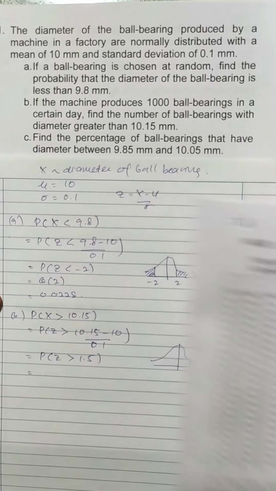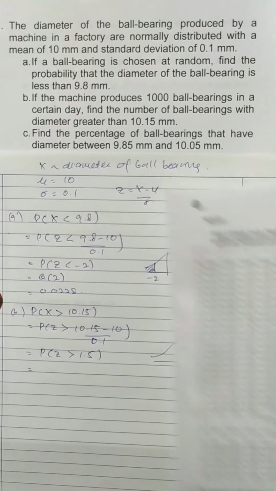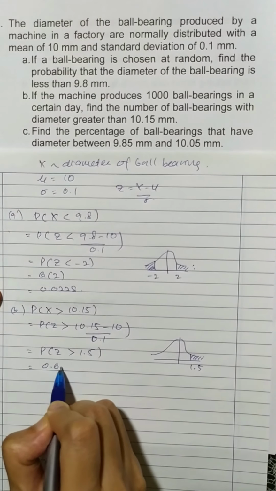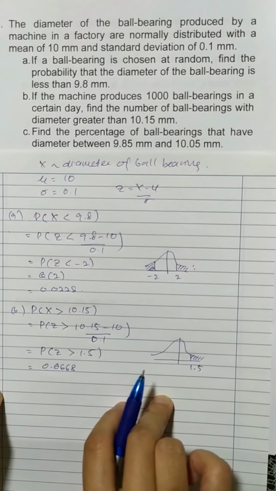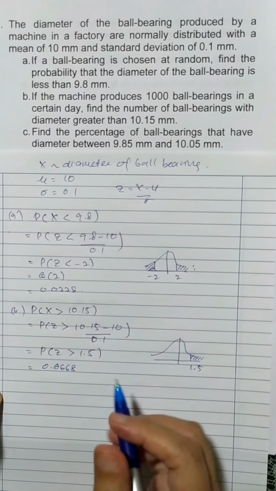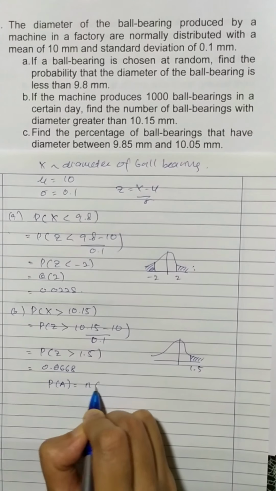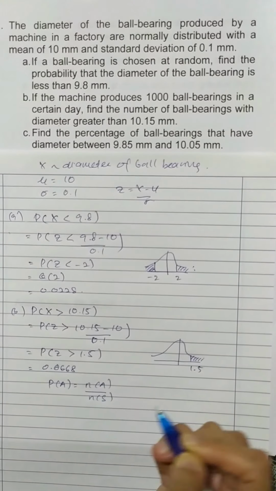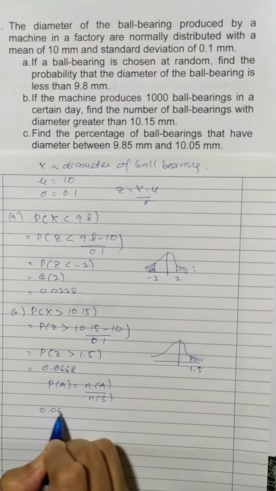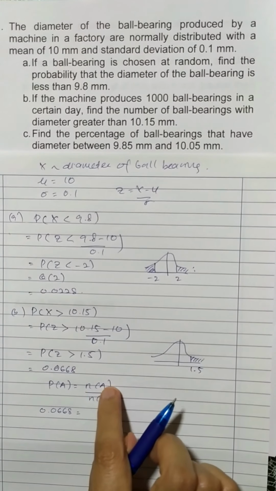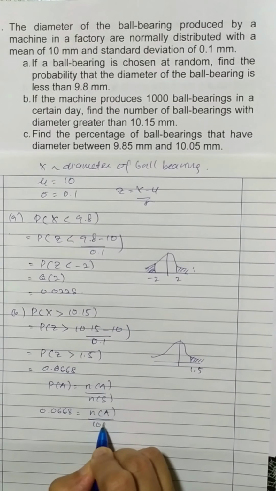So you refer to the table for 1.5, which gives 0.0668. But now the question asks you to find the number of ball bearings. By using the formula, probability of event A equals number of event A over number of sample space, you can substitute the probability, 0.0668. The number of ball bearings is what we are going to find, and the number of sample space is 1000.